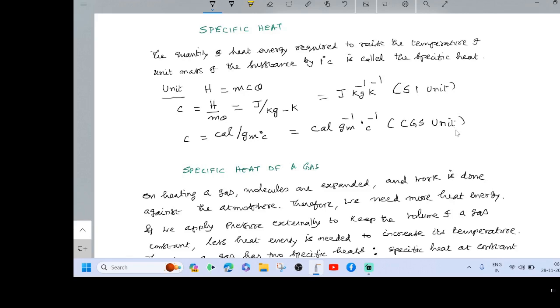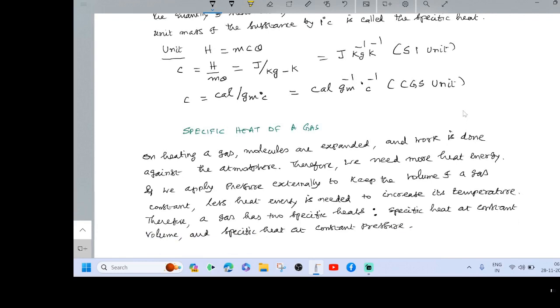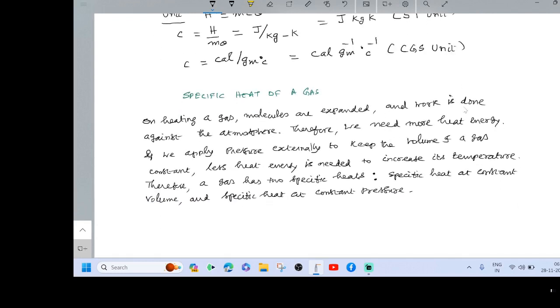In the case of liquids and solids, the specific heat is fixed, whereas in the case of gases we have two specific heats: one is the specific heat at constant volume, Cv, and the other is the specific heat at constant pressure, Cp. Here is the reason. On heating a gas, the molecules expand and work is done against the atmosphere.